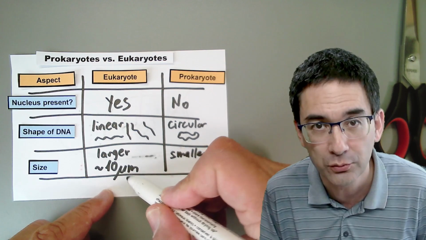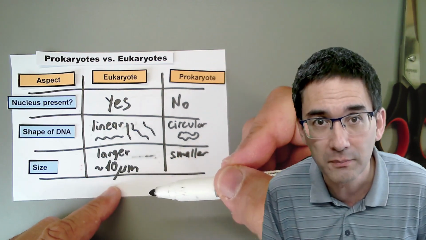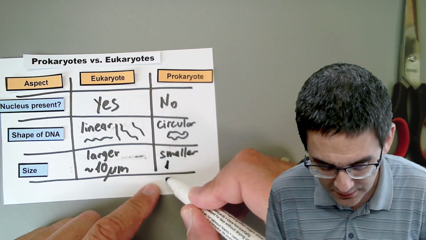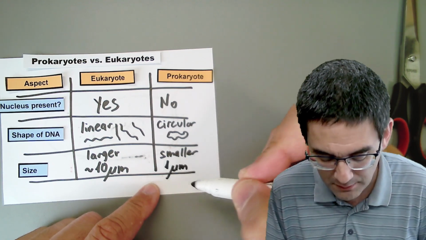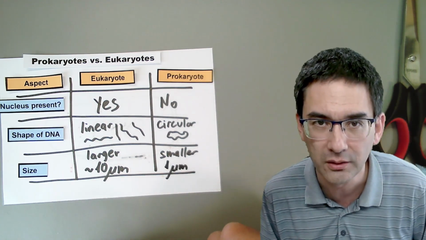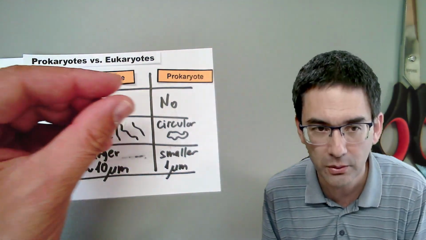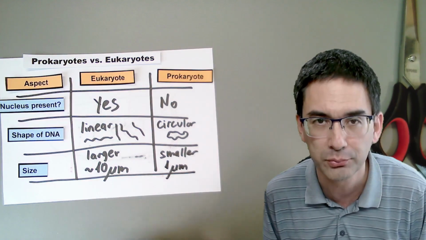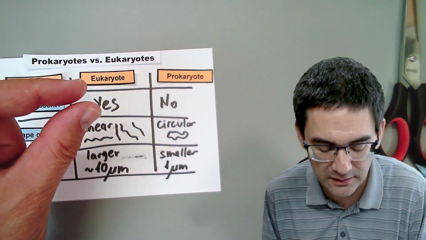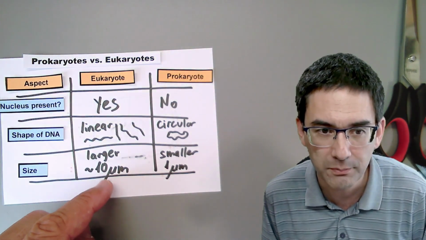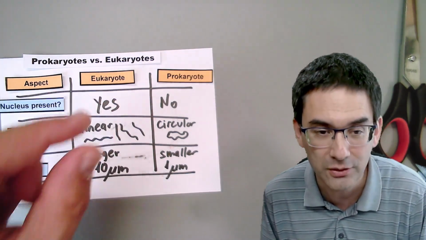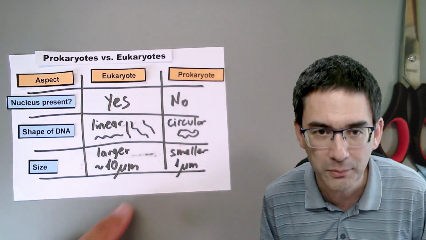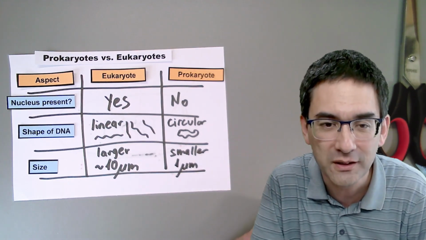That's the sign of micro. It's 10 millionths of a meter, and smaller is 1 micrometer. So it's basically a millionth of a meter. So if you take a millimeter, which is very small, and if you divide it into 1,000 parts, then you have the size of a prokaryote. If you divide it into 100 parts, then you've got the size of a eukaryotic cell. So both are small, but prokaryotes are significantly smaller.